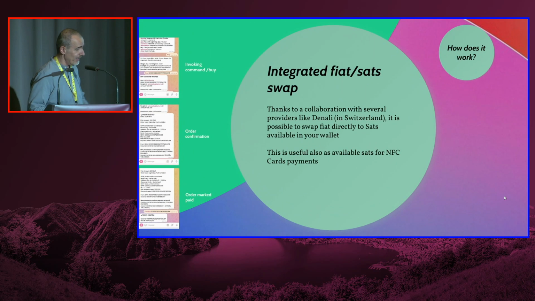And finally, there is an integrated fiat to SAT swap. This is based on a collaboration with Swiss exchanges, and this is useful to top up your card with SATs by sending a fiat payment. So how does it work?